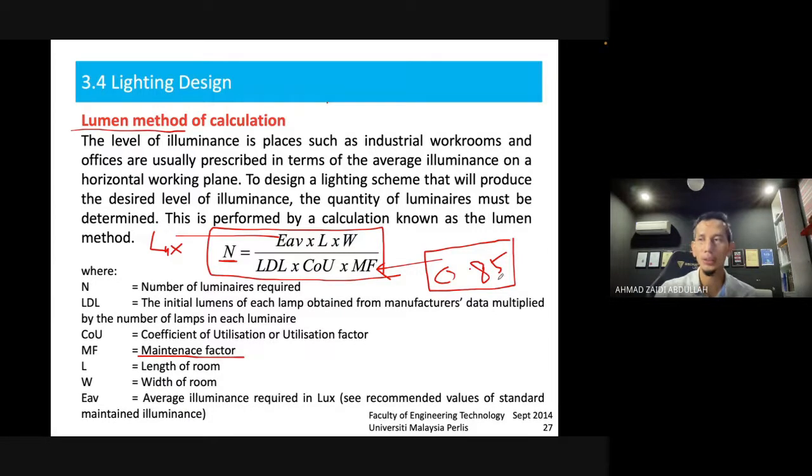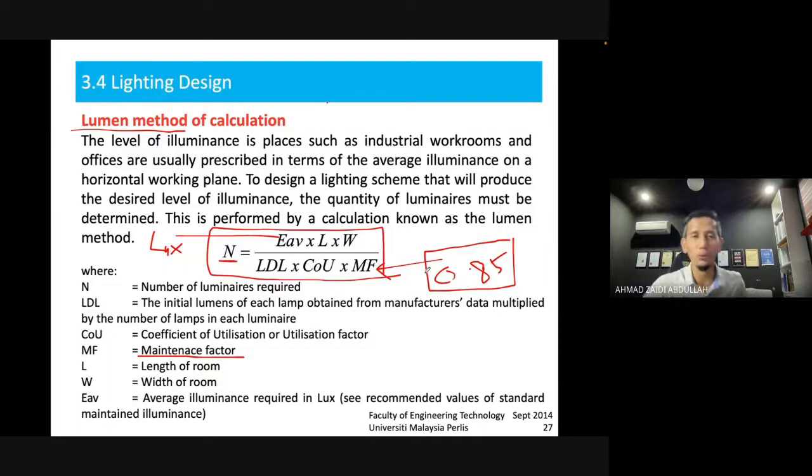For international, sometimes they use 0.8, sometimes they use 0.85. So it depends, and you can ask them for the standard. Maybe some companies use 0.85, some companies use 0.8. So maybe when you first start working, you can ask them, in our company, what value do we use for maintenance factor?